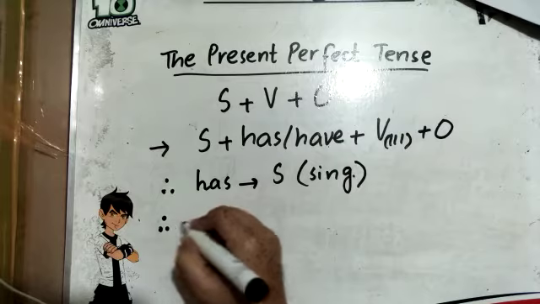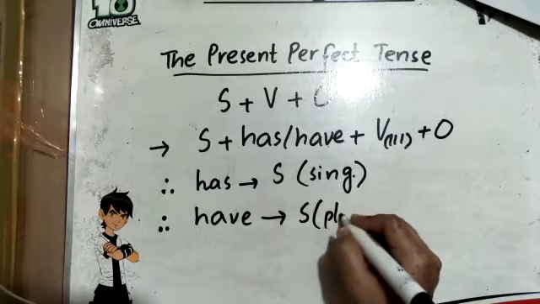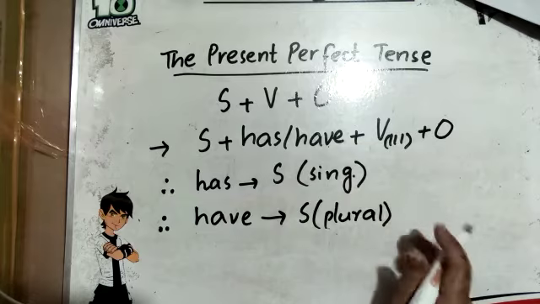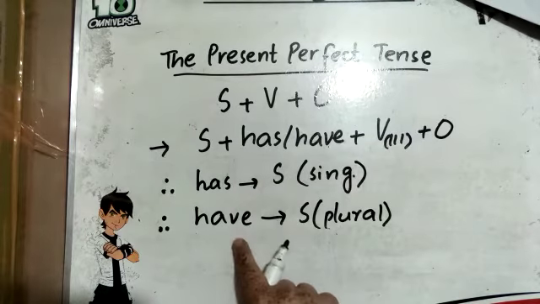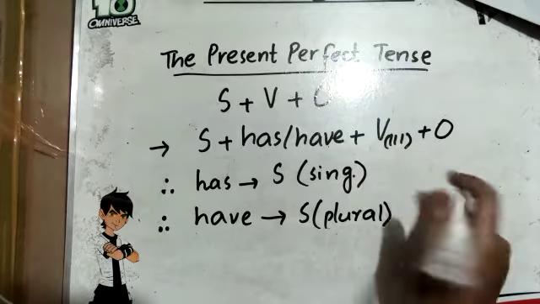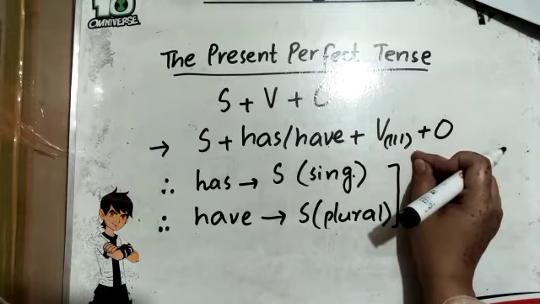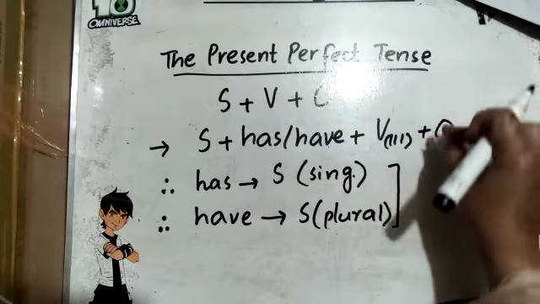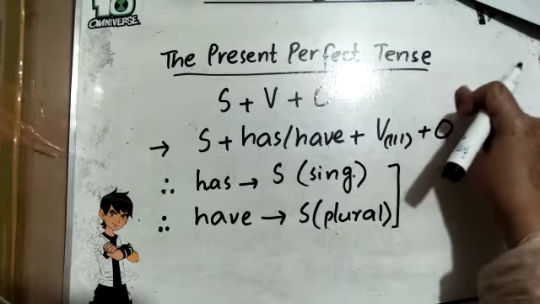But if you have your subject in the plural form, more than one person or more than one thing, that is known as plural. So in this case you will use have as your helping verb, but verb in its third form will remain the same for both categories, because this is the main requirement for the perfect tenses, that verb is always used in its third form for the perfect type of tenses.